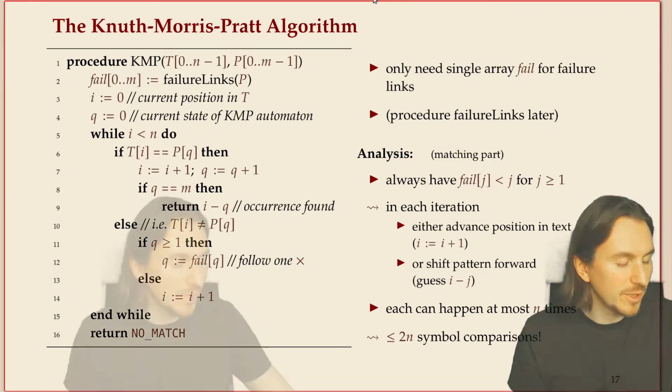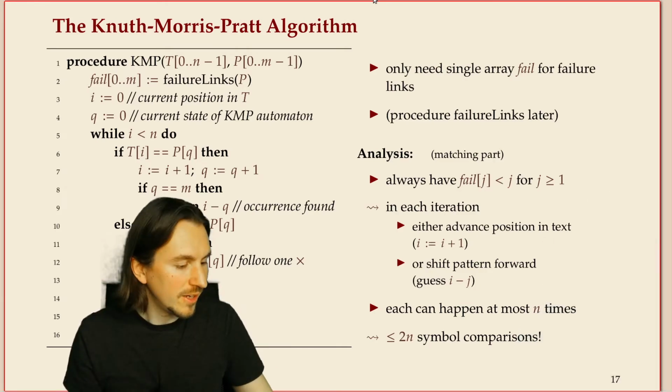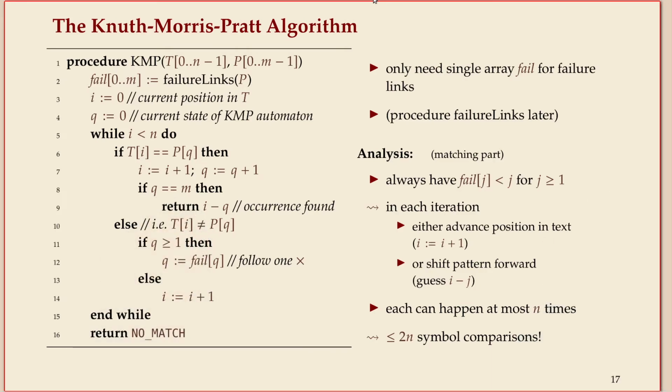And let's see how we can analyze it. How long does it take to execute the entire code going through this while loop with the entire text? One important observation is the failure links always point backwards, right? They always point in that direction. That's one observation.